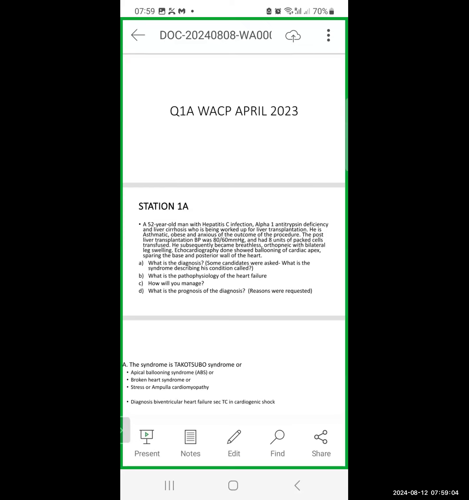When you get a desynchronous contraction, it will not improve your EF. So basically what you do when they're going into shock is to give a pressor agent to improve the blood pressure. And if the pressor agents are not helping you to get adequate blood pressure, then you have to go in for your intra-aortic balloon pump to maintain the patient and get them out of the shock.